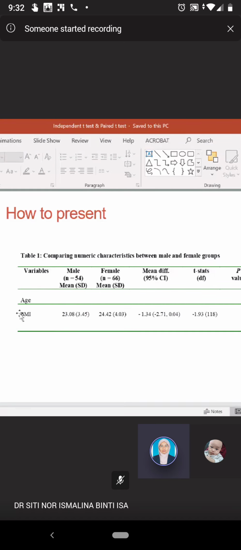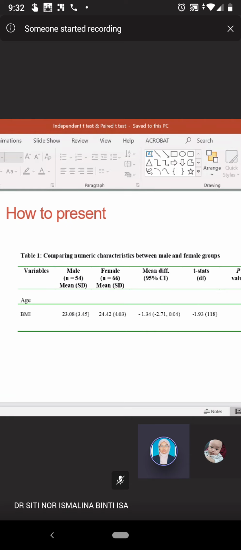So this is an example of table presentation for independent t-test. You need to present what the variables are, here BMI. Male, female, their mean and standard deviation, and the mean difference and 95% confidence interval. These statistics, degree of freedom, and the p-value.